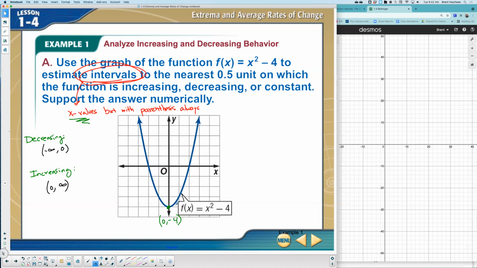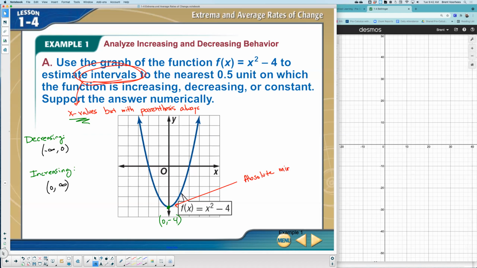Does this problem have a minimum or a maximum, do you think? It has a minimum. If you change direction, you always have an extrema. And again, like I said, extrema means a minimum or a maximum. We change directions, we'd call this a minimum. And since it's the lowest point on the entire graph, you'd call that an absolute minimum.